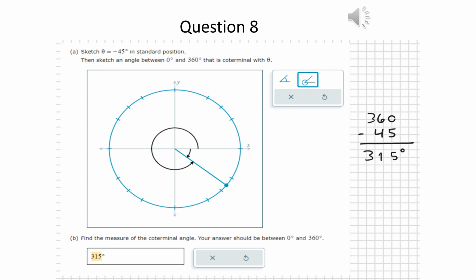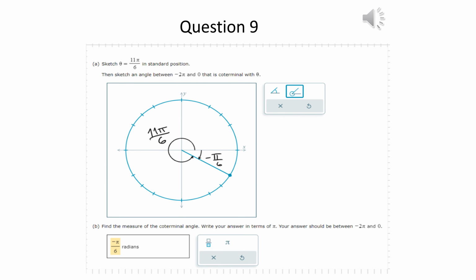So negative 45 is clockwise because it's negative, and the coterminal has the same terminal side, but in this case counterclockwise, sorry. But it's easy. Determine the value: you take 360, the entire circle, minus 45 degrees is 315 degrees, and that's it.